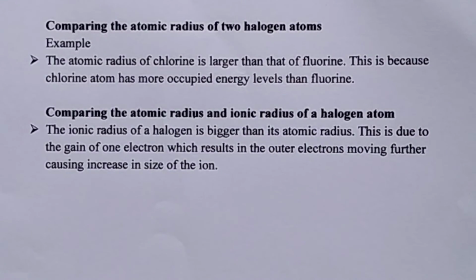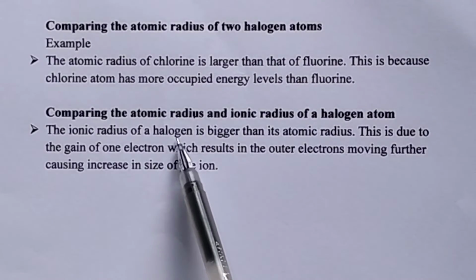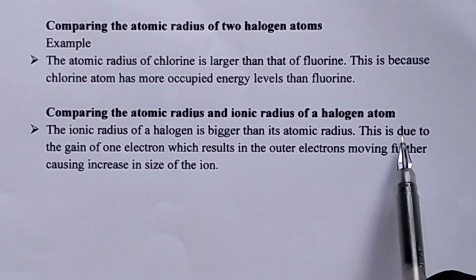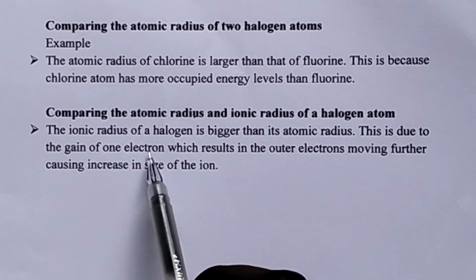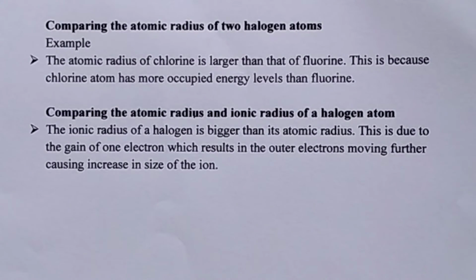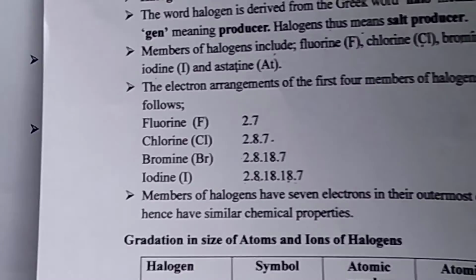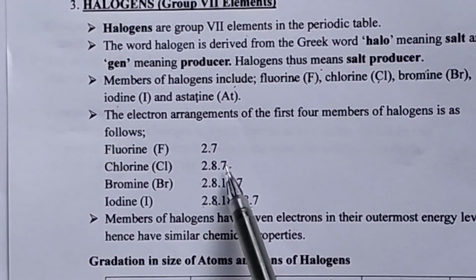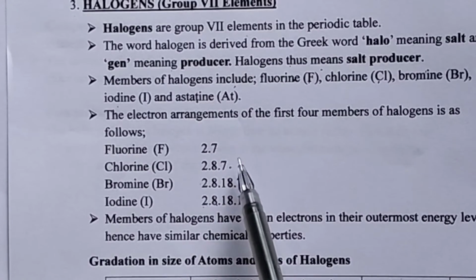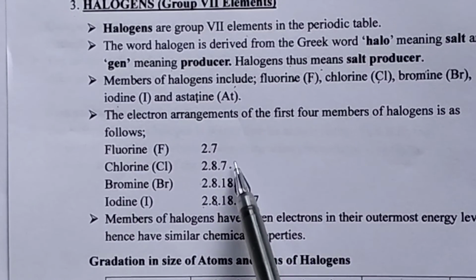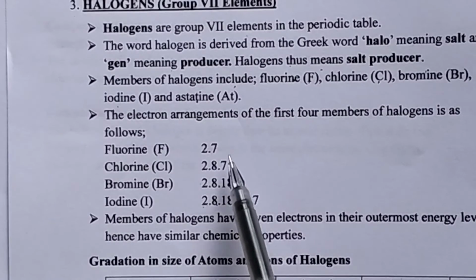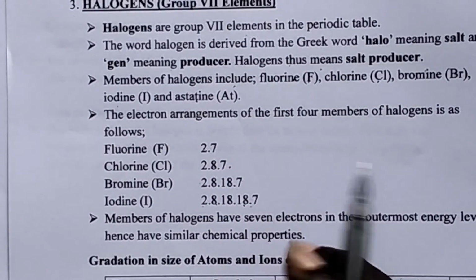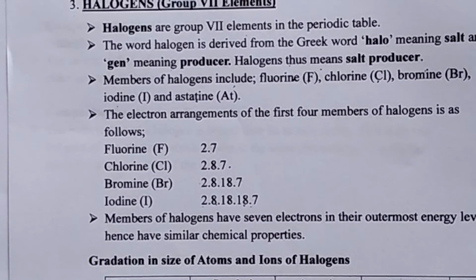Here we are saying the ionic radius of a halogen is bigger than its atomic radius. The reason is the gain of 1 electron. Remember, halogens have electronic configuration 2,7 in fluorine and 2,8,7 in chlorine. For them to attain stability, they gain 1 electron rather than losing 7, because gaining 1 electron requires less energy than losing 7 electrons.